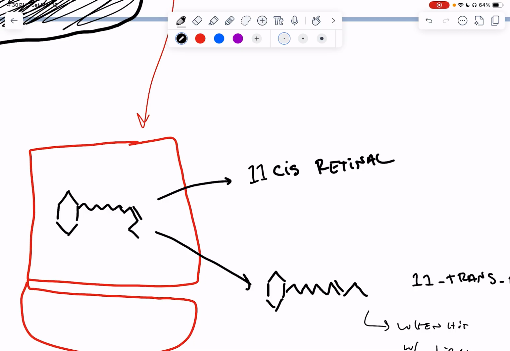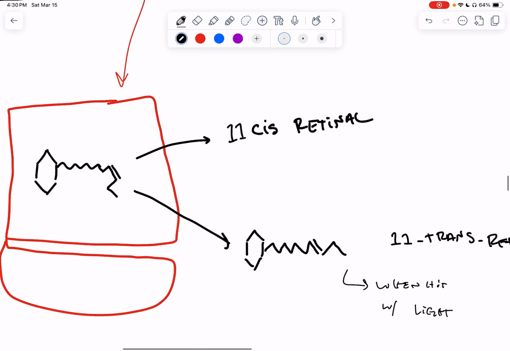And 11 cis retinol is unique because, as mentioned in organic chemistry, it has a cis tail on it, meaning it has almost like a curve to it. When hit with different nanometers of light wavelengths, the light actually has the ability to sever this double bond here.